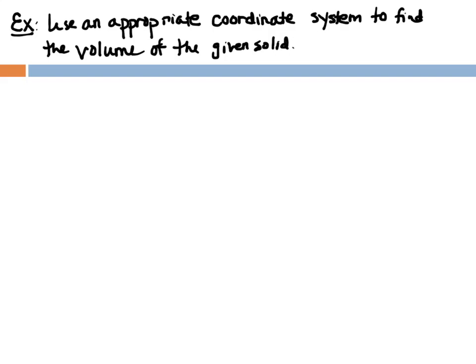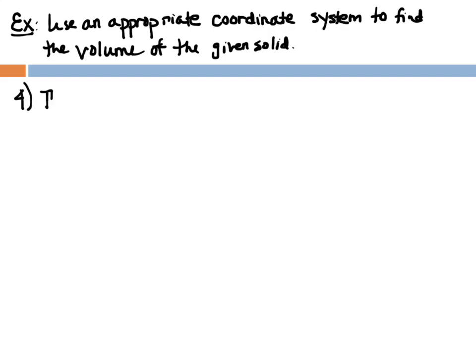So what we're actually doing will result in volume, because we're just integrating over the region, not integrating a function over the region. So we're going to take a look. This is number 4.